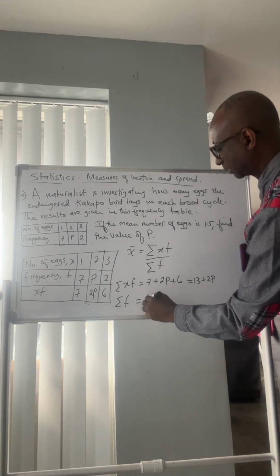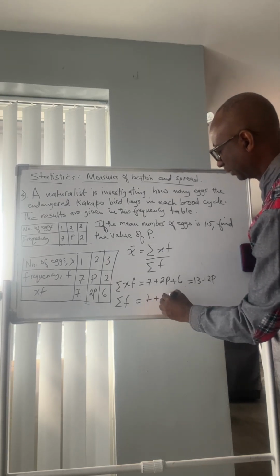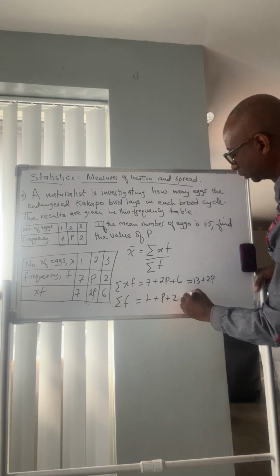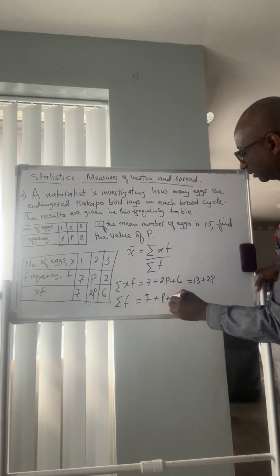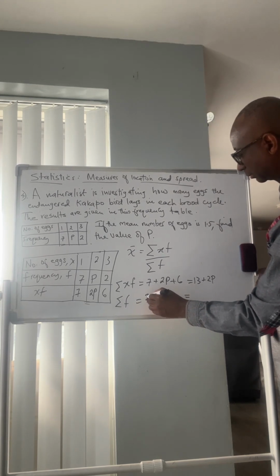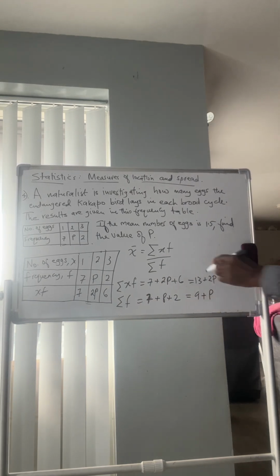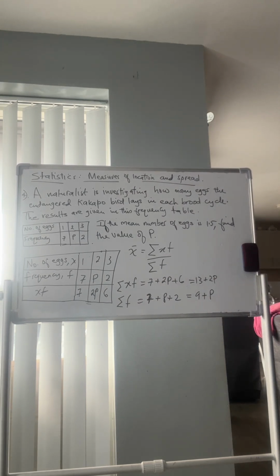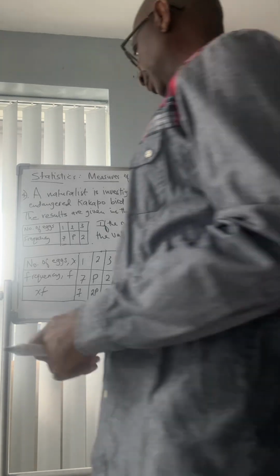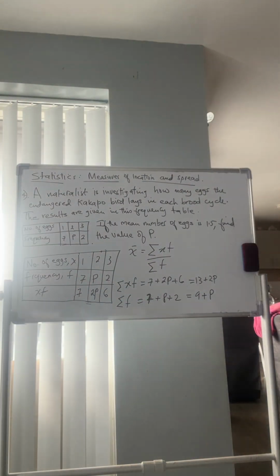You're adding 7 plus p plus 2, and this is 9 plus p. This is what you need.